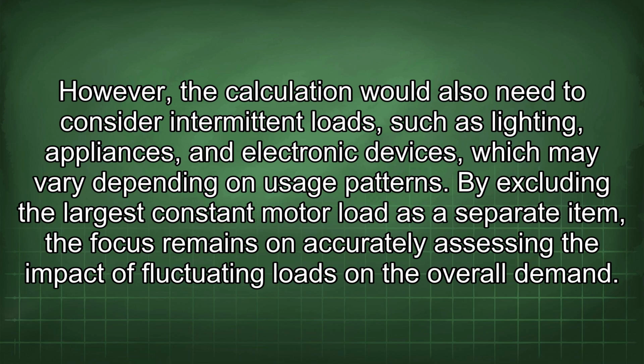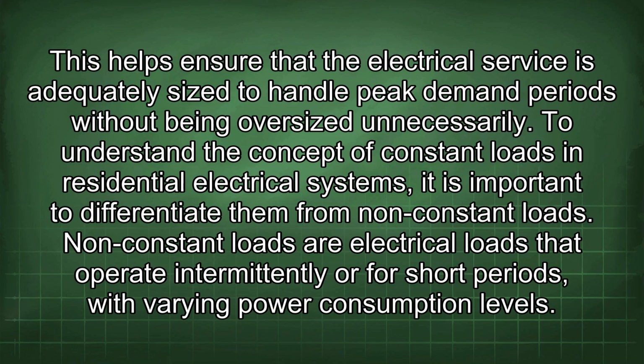However, the calculation would also need to consider intermittent loads, such as lighting, appliances, and electronic devices, which may vary depending on usage patterns. By excluding the largest constant motor load as a separate item, the focus remains on accurately assessing the impact of fluctuating loads on the overall demand. This helps ensure that the electrical service is adequately sized to handle peak demand periods without being oversized unnecessarily.